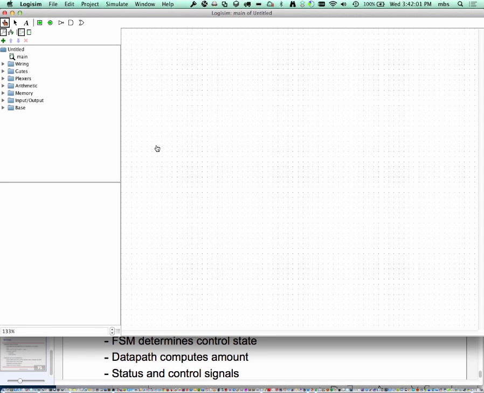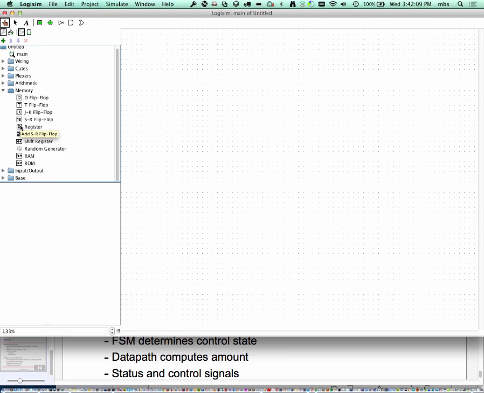Okay, so let's pick up a counter. Let's make this counter 10 bits.